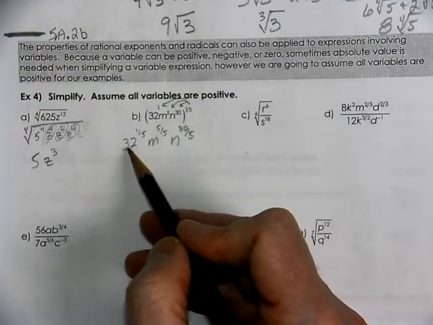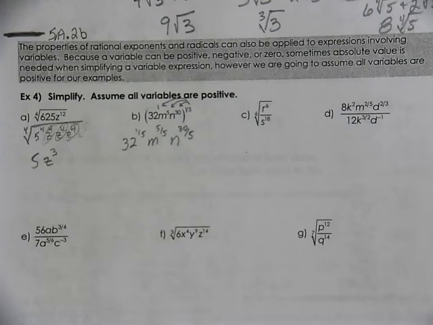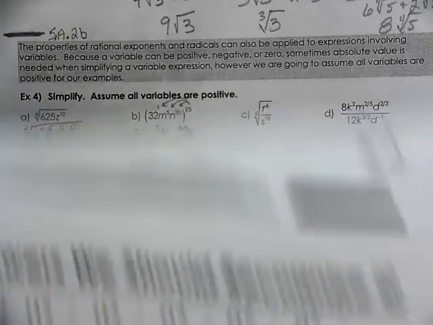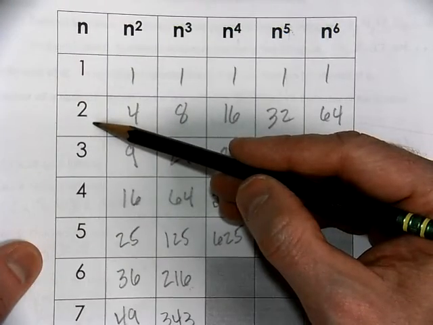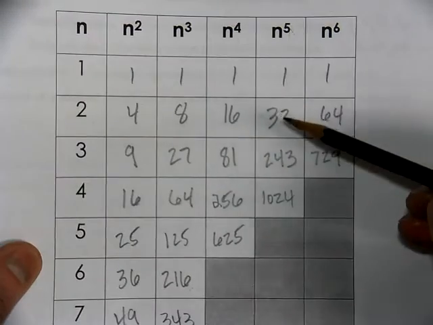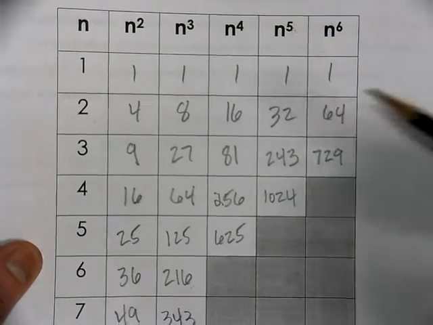So 32 to the 1/5, you could look on your power table, and if you look under the 5th for 32, you'll see that that's the number 2. Because 2 times 2 times 2 times 2 times 2 makes 32.